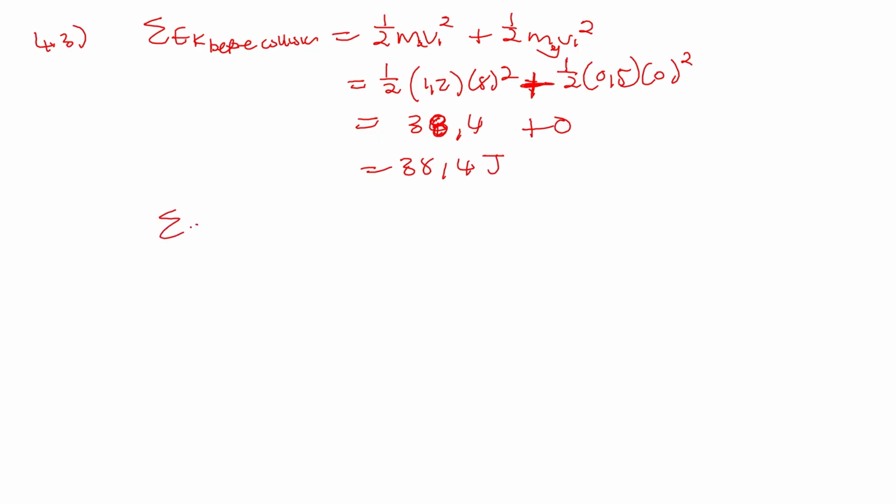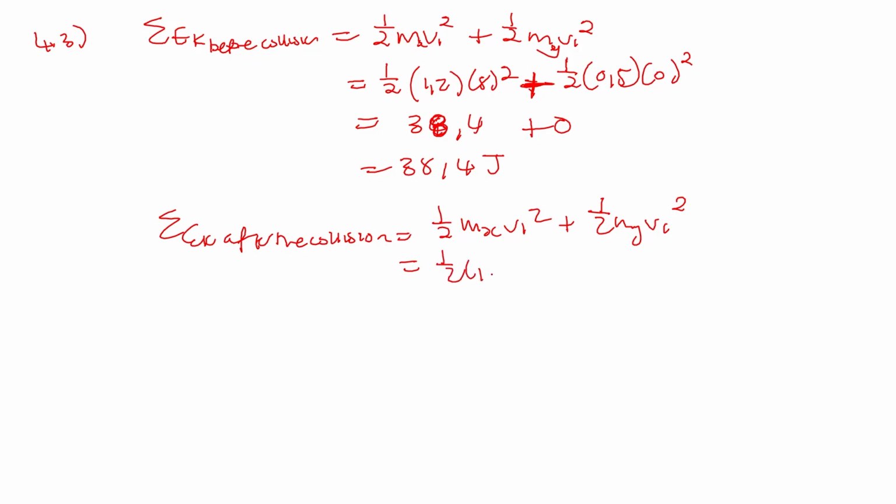And then the sum of the kinetic energy after the collision. You'll do the exact same thing, same formula. I like to write my formulas, like anchoring yourself almost, so you know exactly what you have to do and where you have to put in your values. So it's going to again be half times 1.2 times the final velocity, not initial velocity, squared.